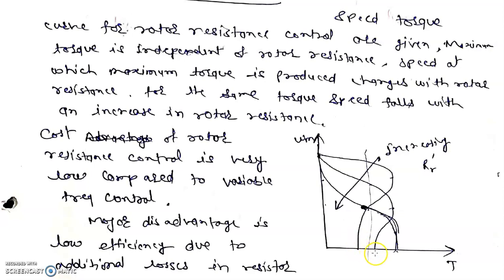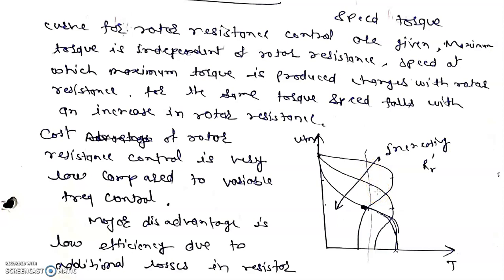If we assume a constant torque line, we have seen that for different values of rotor resistance, this point is different, and the speed falls when increasing the rotor resistance. So when we increase the resistance, for the same torque, the speed will fall.